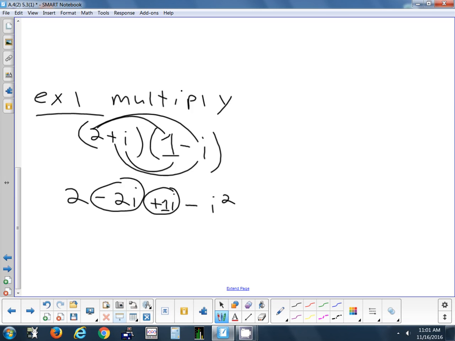Okay, so when we multiply this out, start with 8 times 3. Here's your 24. You have 8I plus 3I. So what I'm going to do is just combine those together in that step. And then, what's I times I? I squared.